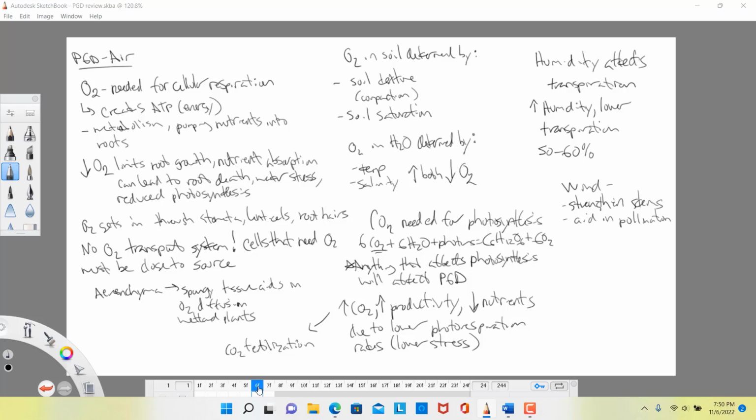Now, the downside of this is that we see a corresponding decrease in the nutritional content of our plants. Now, this is related to photorespiration and stress, and we haven't talked about photorespiration yet. We will at the end of this course. But it's essentially a process by which sometimes, instead of fixing carbon dioxide in photosynthesis, when oxygen is around, our plants fix oxygen instead.